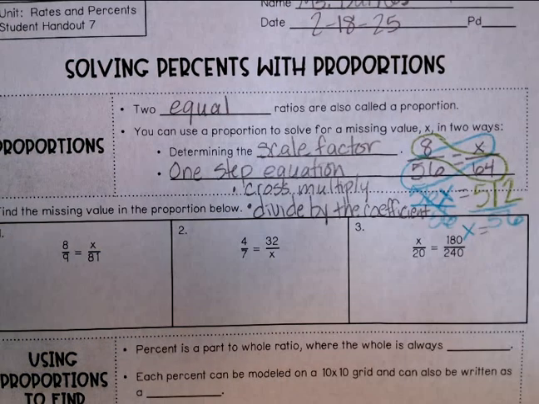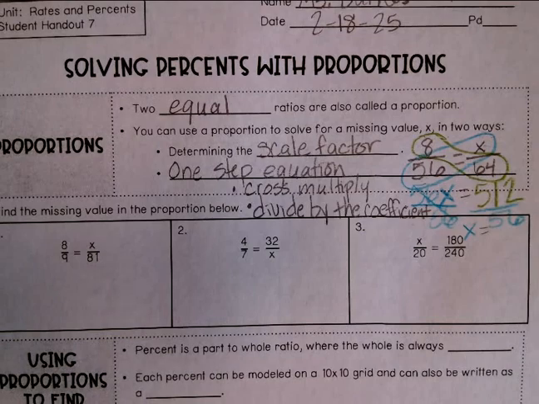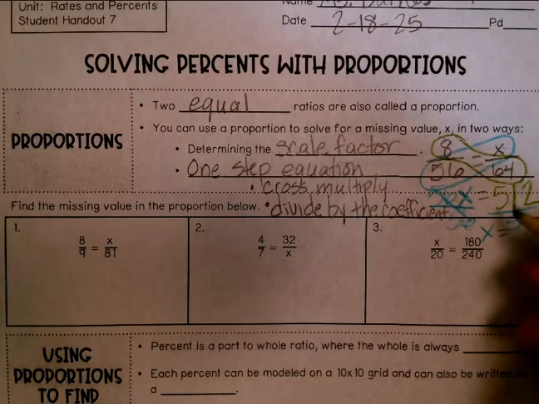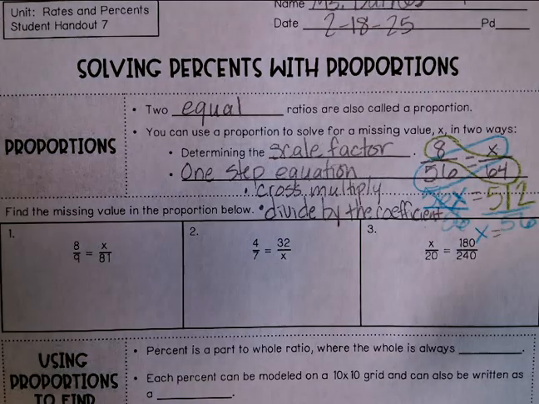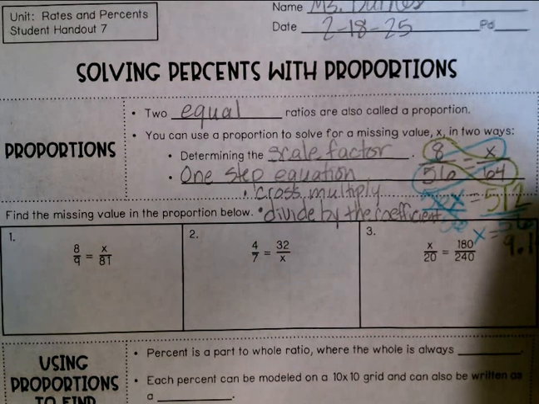Now here's where, let's see if Miss Barnes' math is mathing. No, it's not. So x equals, when I divide, 9.14.